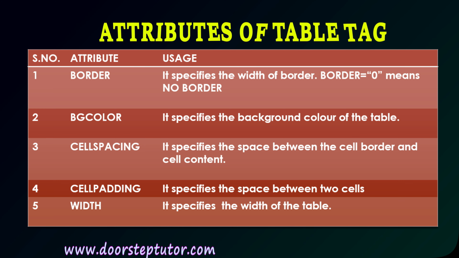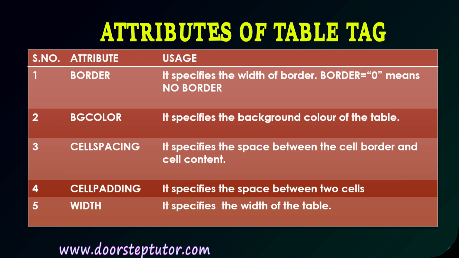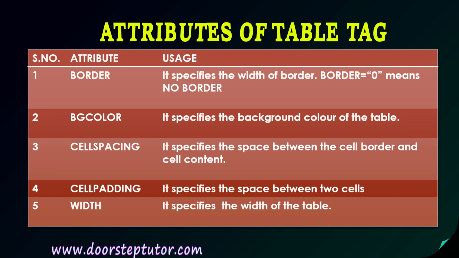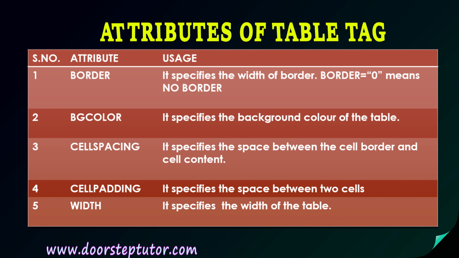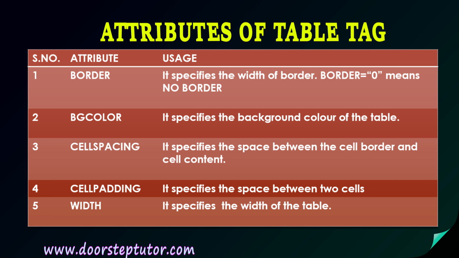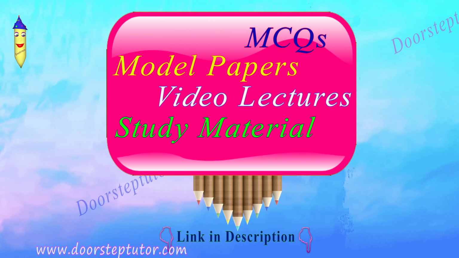So next is bgcolor. BGcolor, simply as its name represents, is used to give some background color for the table. Third we have cellspacing. There is a little bit of confusion between cellspacing and cellpadding. Cellspacing is entirely different from cellpadding.